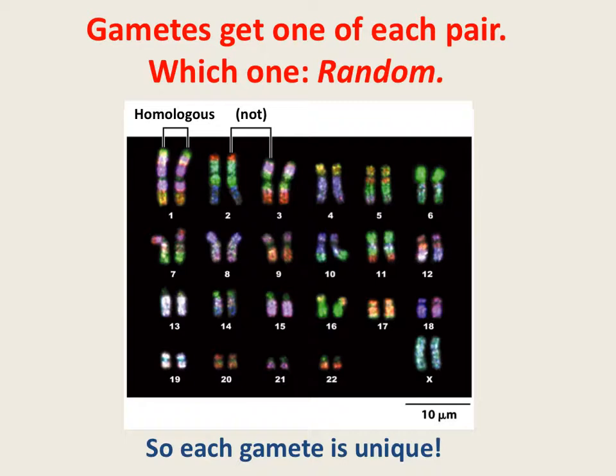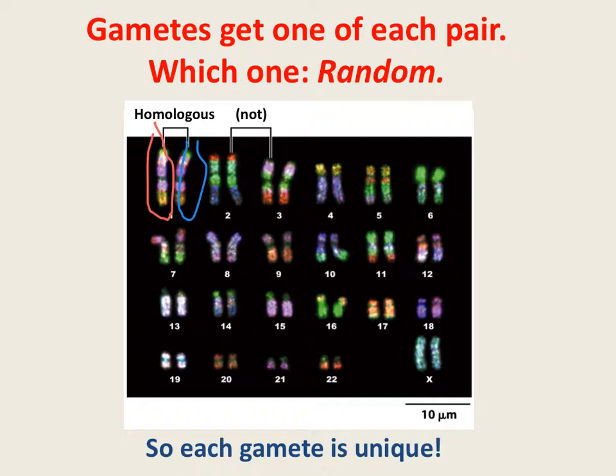When you have a homologous pair of chromosomes, one of those chromosomes is going to end up in a gamete. Let's say the one on the left is from mom and the one on the right is from dad.